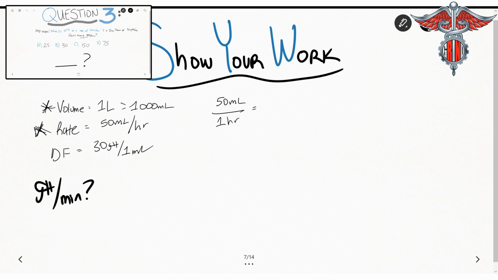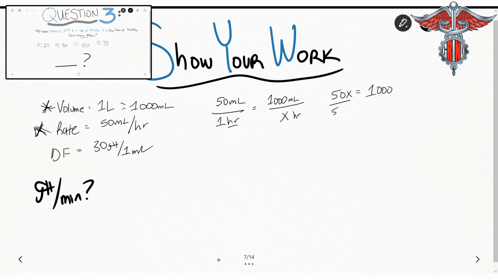Mils are up top this time, so let's draw our mils up top over here. And we are trying to figure out our time. Hours are on the bottom over here, so we know that X must stand for hours. Cross multiplying, 50 times X is 50X equals 1,000 times 1 is 1,000.